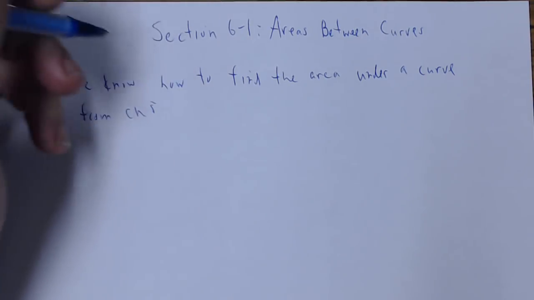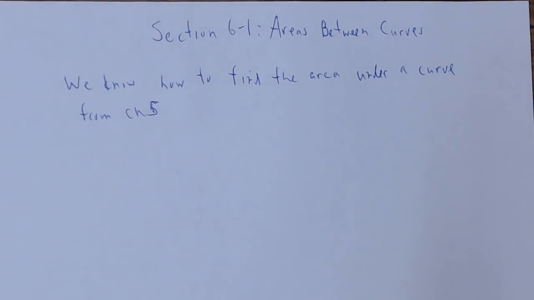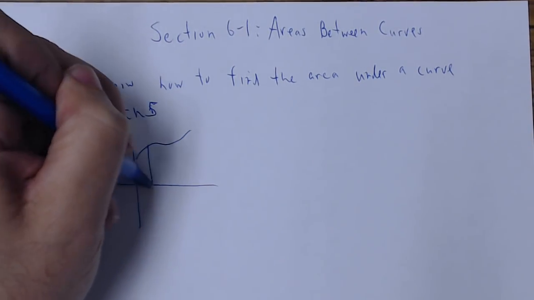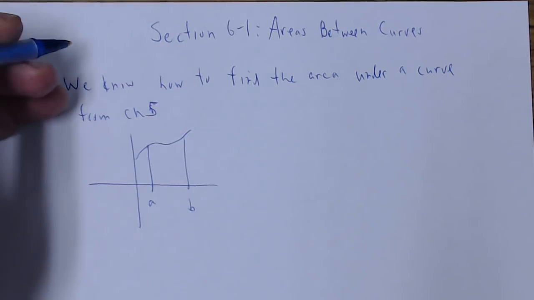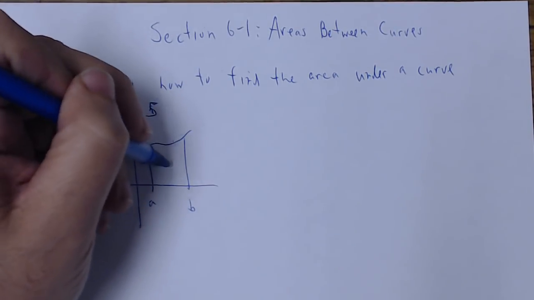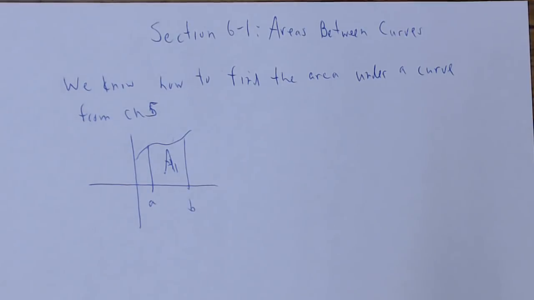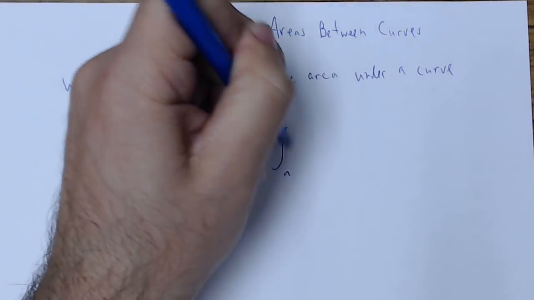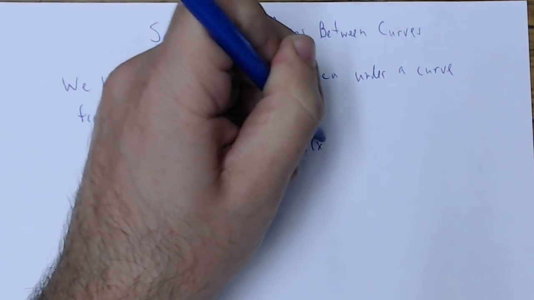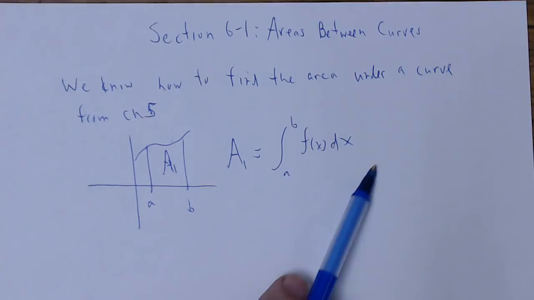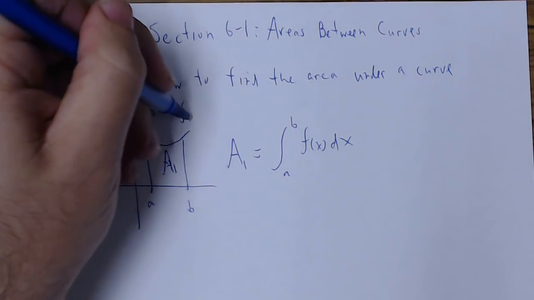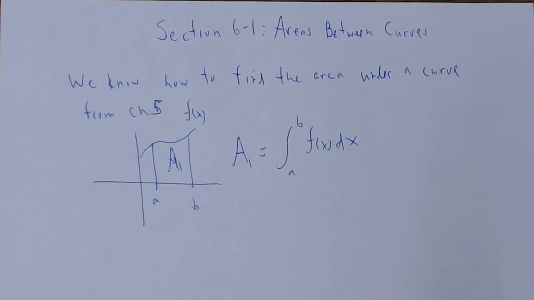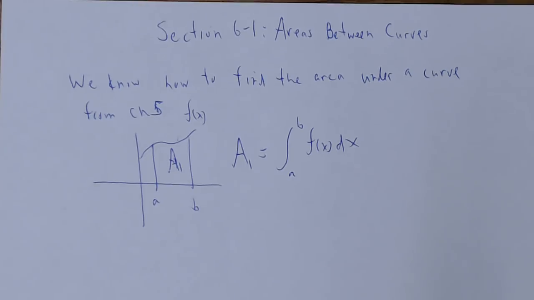If I gave you a function from a to b, the area under this curve to the x-axis, which we'll call A sub 1, is the integral from a to b of f of x dx. So the definite integral of this function from a to b gives me the area under the curve to the x-axis. And we learned that in chapter 5.